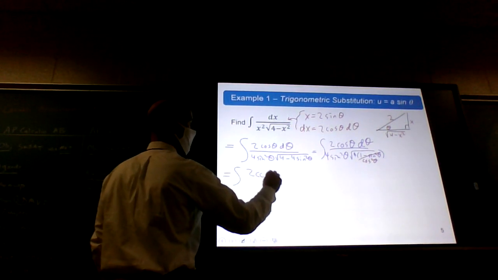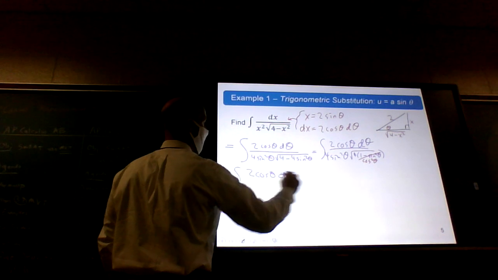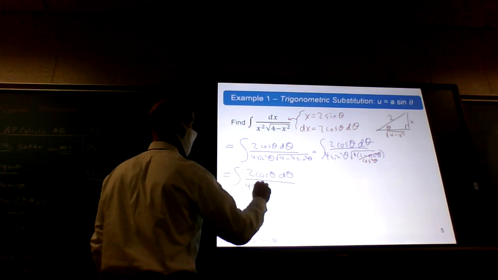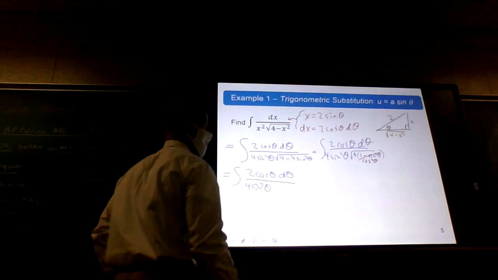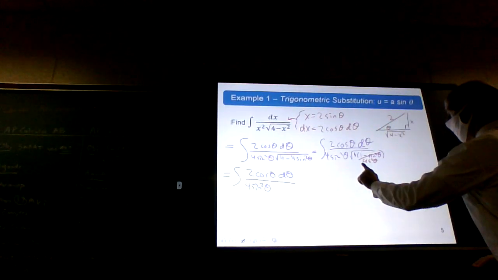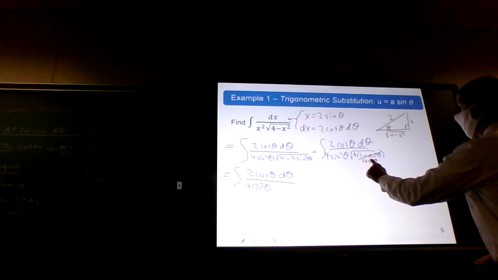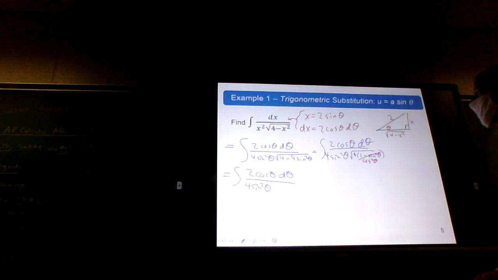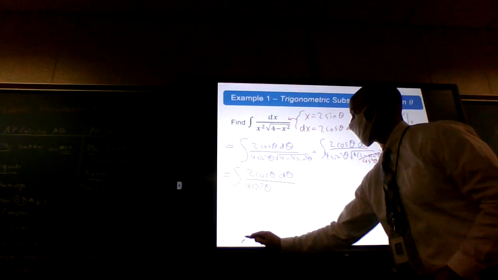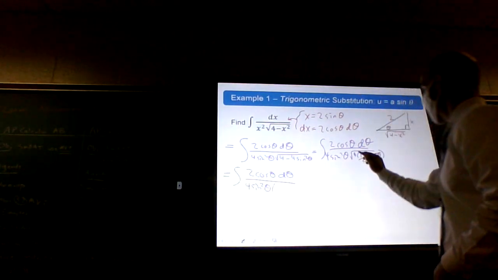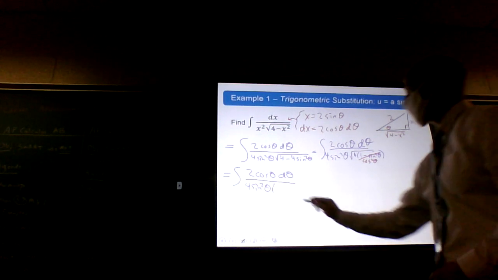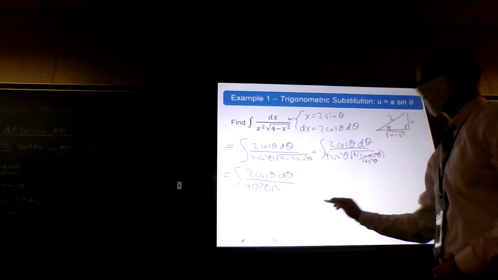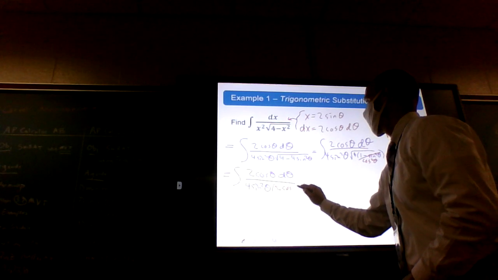Now I'm going to leave the top again completely as it is. And on the bottom, I'm still going to leave this 4 sine squared theta alone. But now here's my question. What will the square root of 4 cosine squared theta be? Well, the square root of 4 is 2. The square root of cosine squared theta is cosine theta.